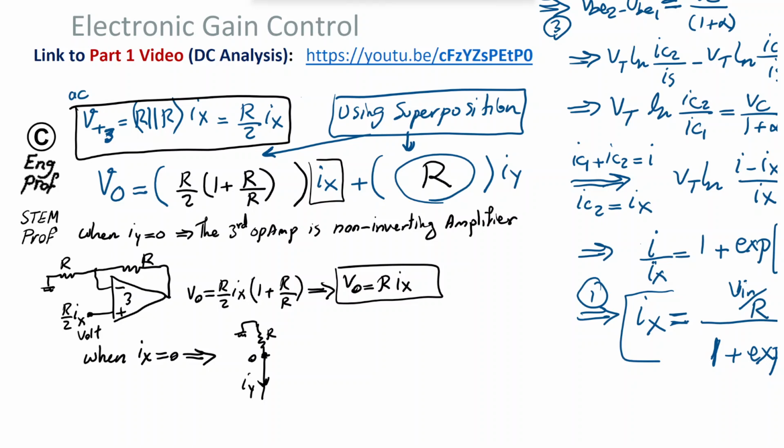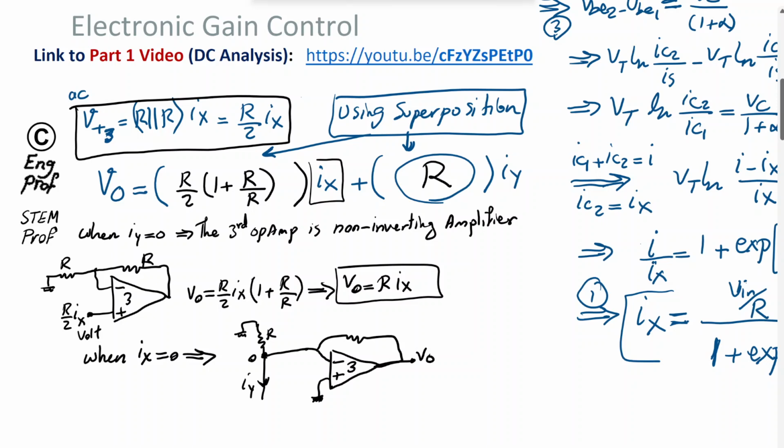And then connected to the negative terminal via wire like this, in which this is op-amp 3, for which the positive terminal is virtual ground AC, and then we have this resistor R to the output voltage.